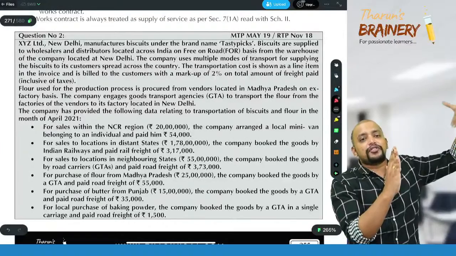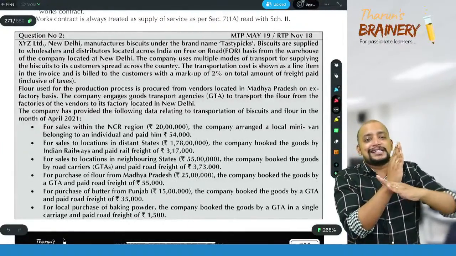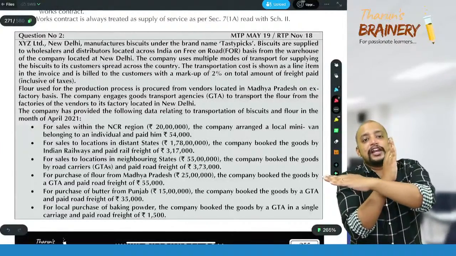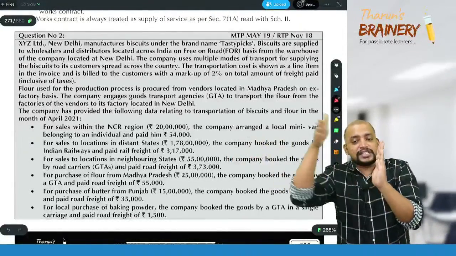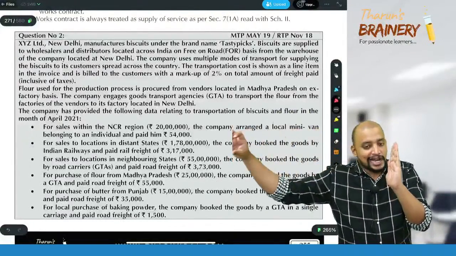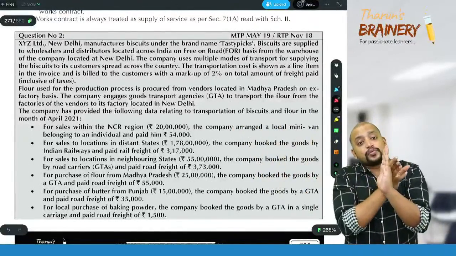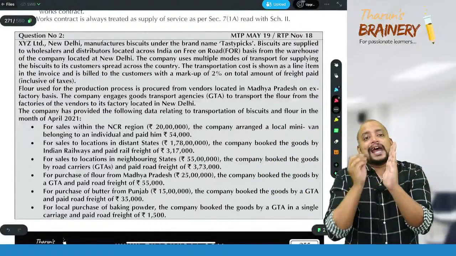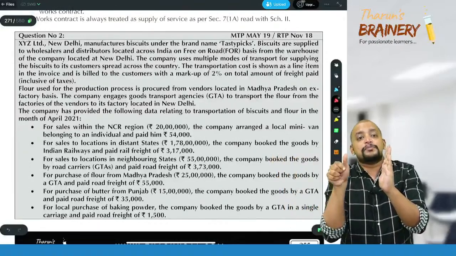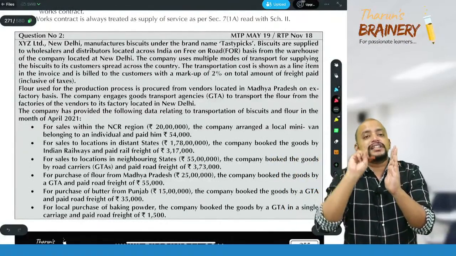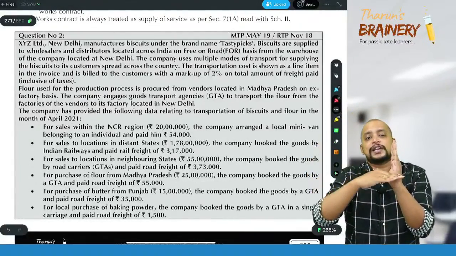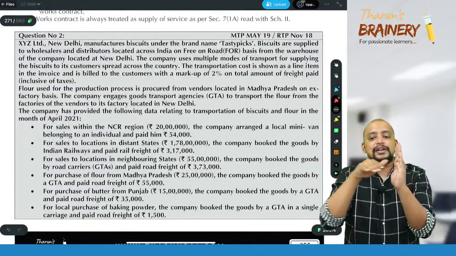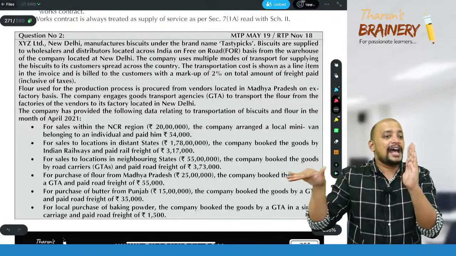Now that 54,000 will be added as a line item for sale of goods, correct? Sale of biscuits is their outward supply. What is the value of sale of biscuits? 20 lakhs. Now, the freight whatever they have paid will be added as a line item with a markup of 2%. What is the cost? Freight cost 54,000. 54,000 plus 2% will be added as the line item.